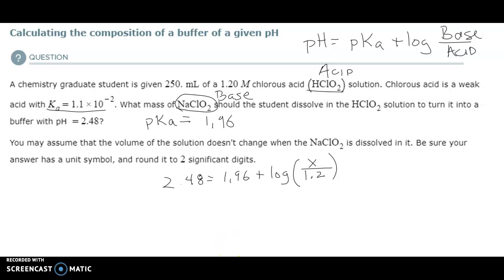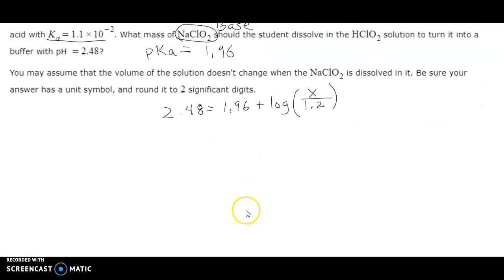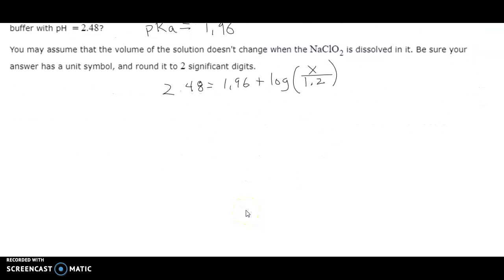If we rearrange that a little bit, we get 0.52 on one side equal to the log of X divided by 1.2. To get rid of that log term, we raise both sides to the 10 power.